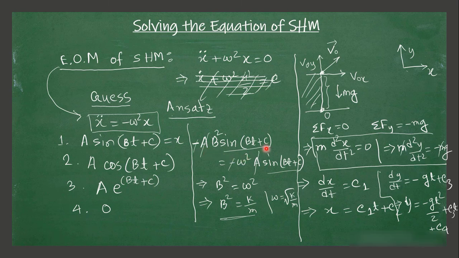Now, if you vary the amplitude and phase, the equation of motion remains the same. So we can have the same equation of motion for different amplitudes and even different phases. But if you change the frequency, that means if you change this constant b, well, you will have a different equation of motion.